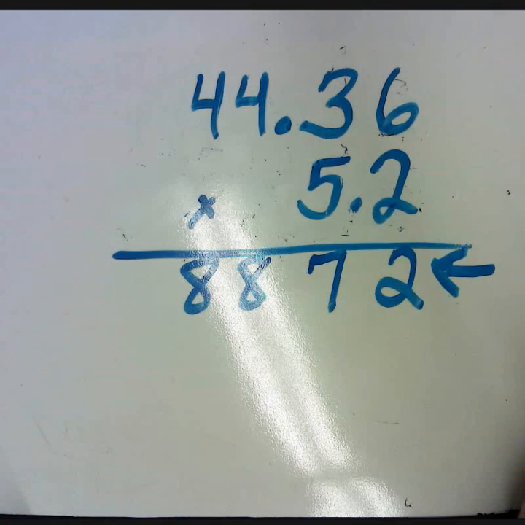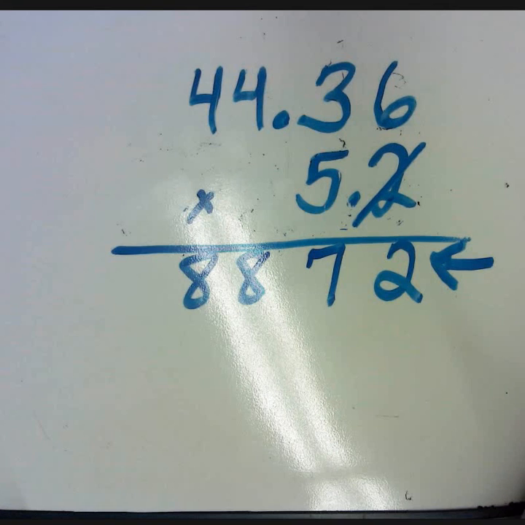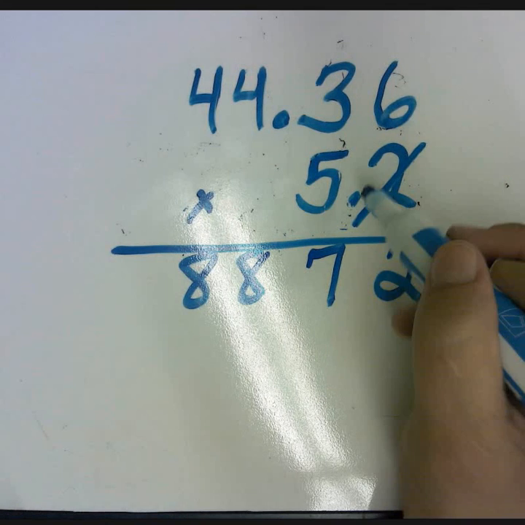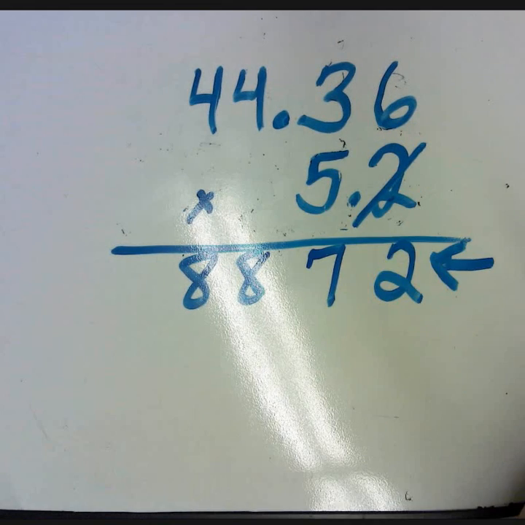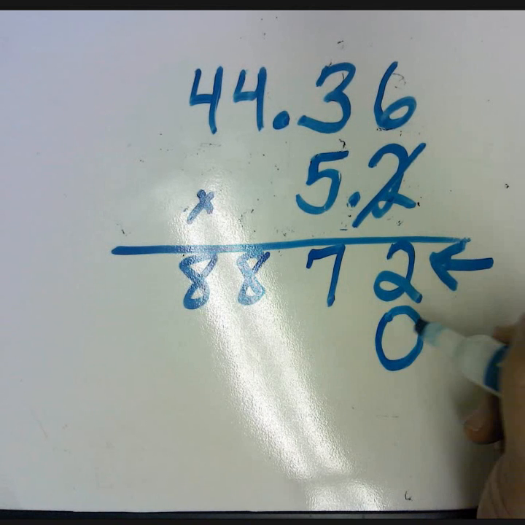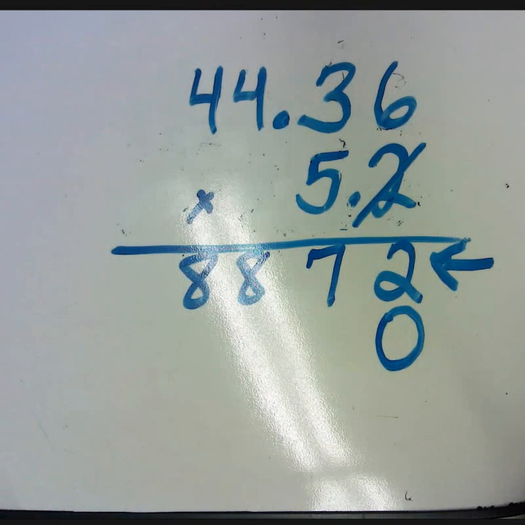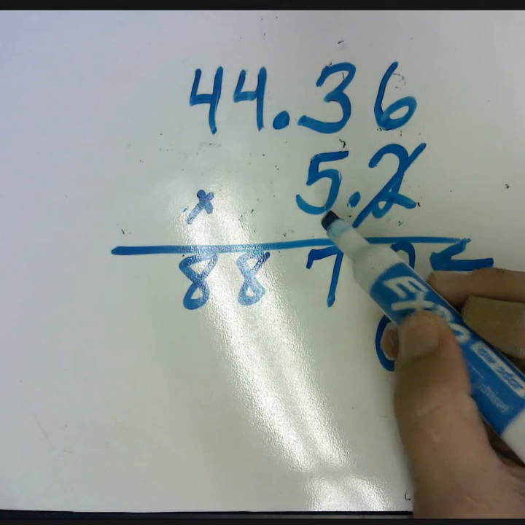You're already done multiplying everything, your first number by 2/10, so you can just cross it out. Once you do that, though, you really need to put a 0 as a placeholder, okay? Because now you're going to move over and multiply by this 5 ones, okay? And then you just do exactly what you did with the 2.